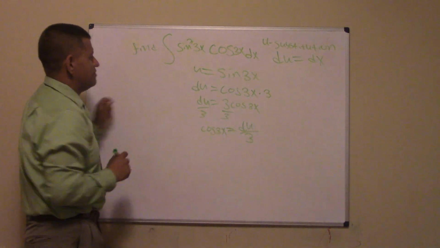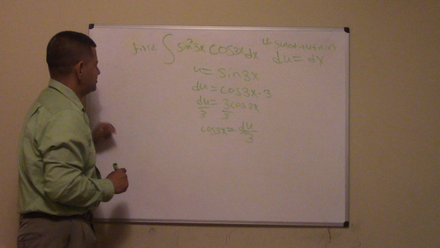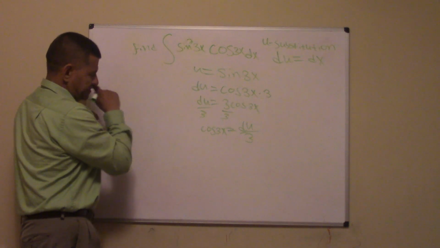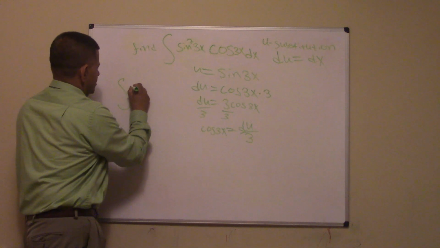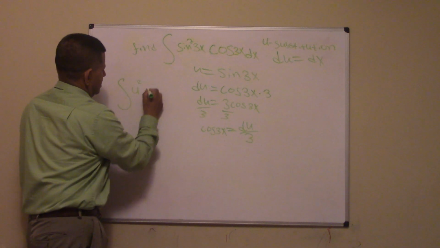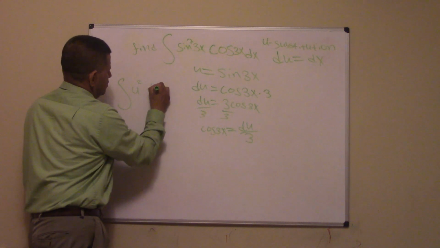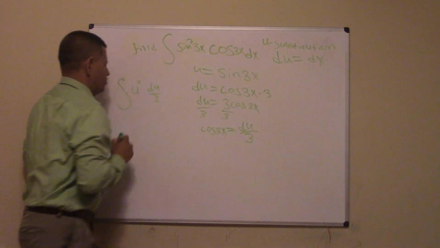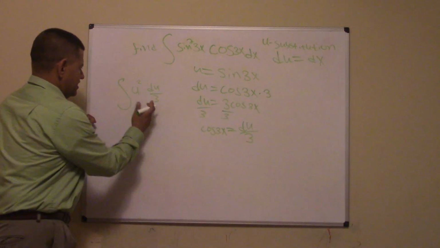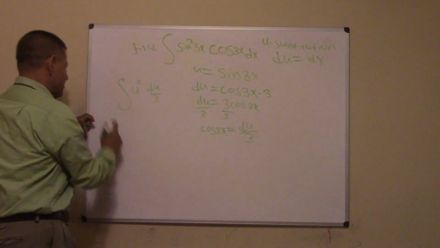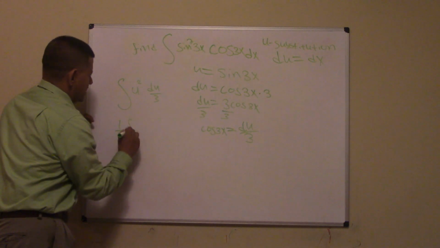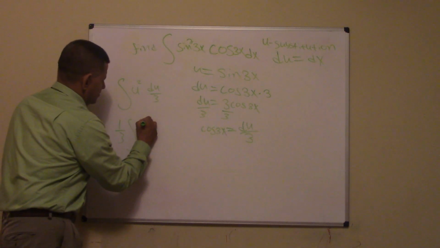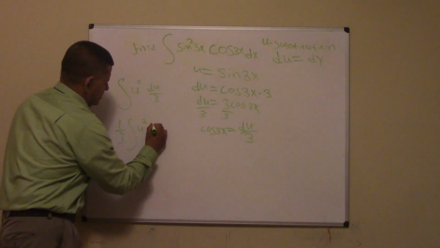But then remember that we have a square here. So we can say that the integral of u squared times du over 3, right? 1/3 du. This 1/3 can come out, and I can say that 1/3 times the integral of u squared du.